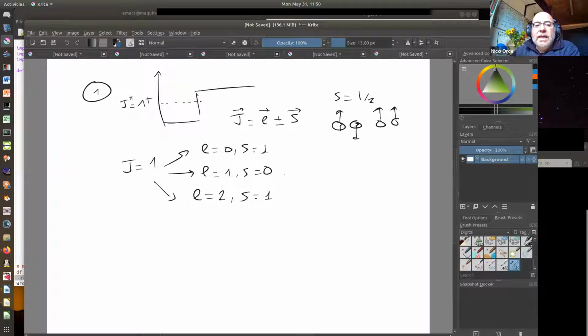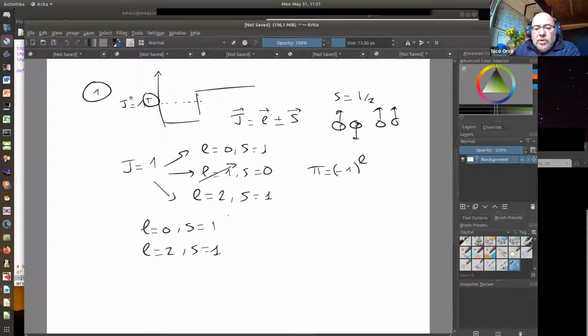So which one is not possible? So we know because of the parity is equal to -1 to the L, and the parity of this state is positive. So obviously L equal to 1 is not a possibility because that will give us a negative parity, right? So then we agree that L equal to 0, S is equal to 1, and L equal to 2, S is equal to 1.